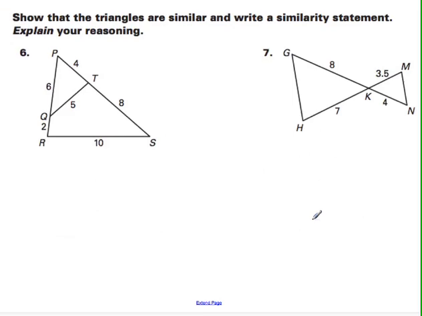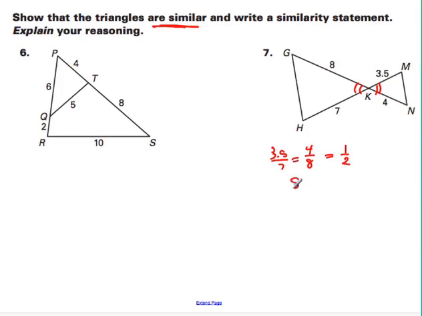Okay, next, show that the triangles are similar. We need to show that they are similar, then write a similarity statement and explain your reasoning. I'm going to start with number 7. It looks a little bit easier to me. I'm going to compare this 3.5 to the 7, so 3.5 over 7, and compare that to 4 over 8, and that's going to give me a scale factor of 1 over 2. I can also prove that these two angles are congruent by the vertical angles theorem, because vertical angles are congruent.